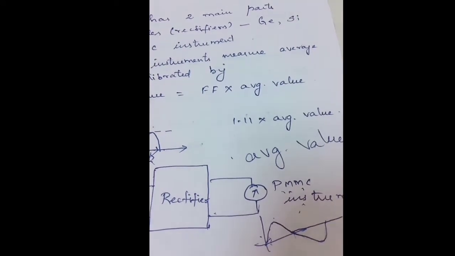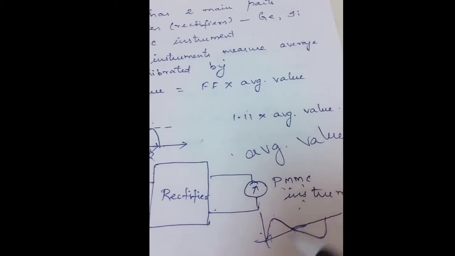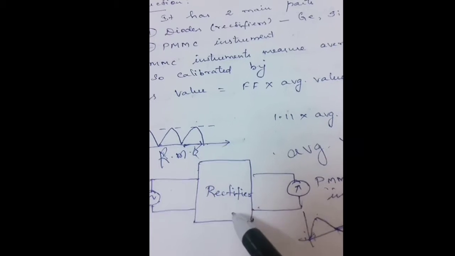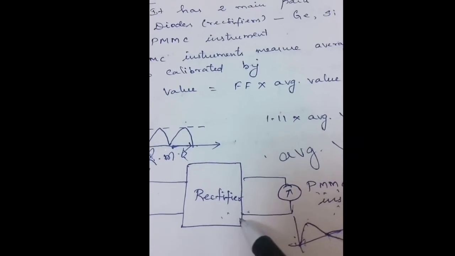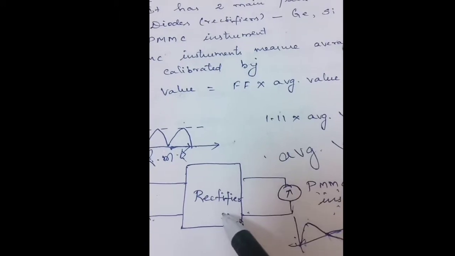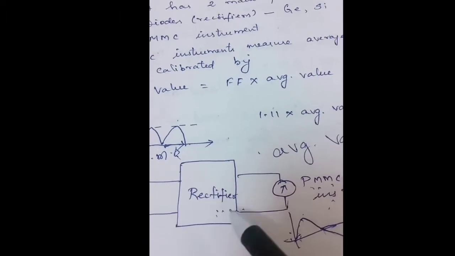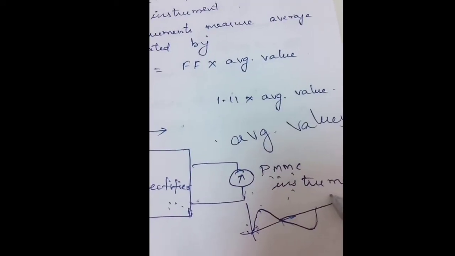So in that case, we need to convert this AC value by means of a unit called the rectifier unit. In the rectifier type instrument, the input here is AC, and that input is converted to a unidirectional DC using the rectifier unit, and that is then indicated by a PMMC instrument.